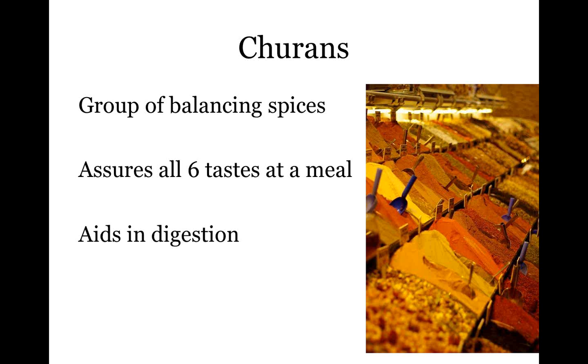These spices have these characteristics of these tastes, and because of that, they help balance the digestion, help us digest. And there's a churn recipe for Pitta Vata at the foodsheal.com website, and you can look that up and use those liberally in your cooking and eating.